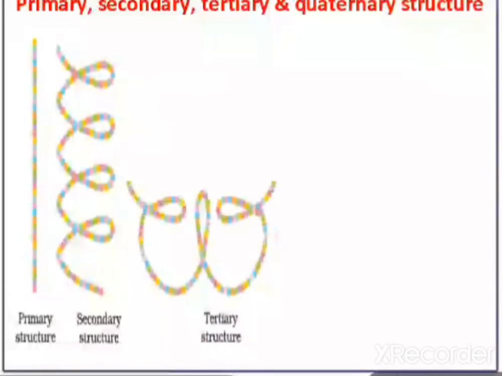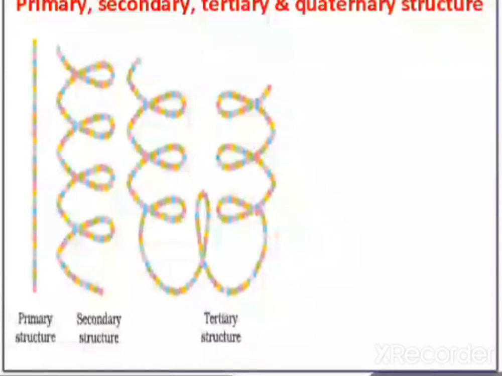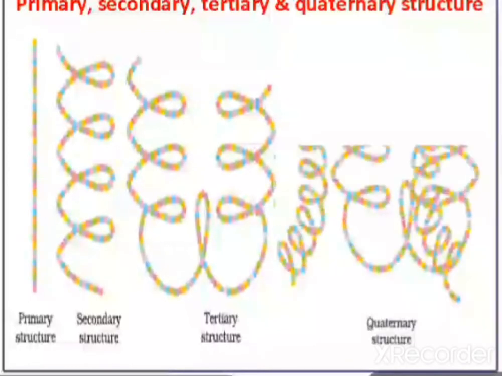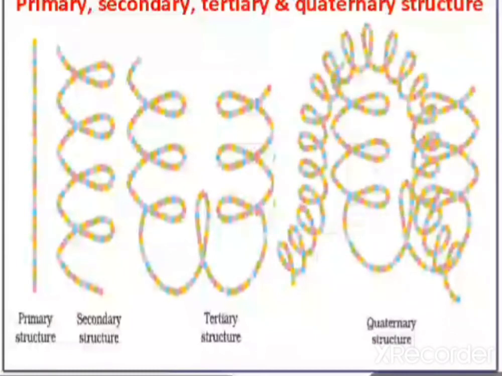Tertiary structure, make a coil, then folding of the coil will take place. So again you have to fold the coils, and after that the last one, quaternary structure. You can see now this one is much more complicated, and here two different types of proteins are there.